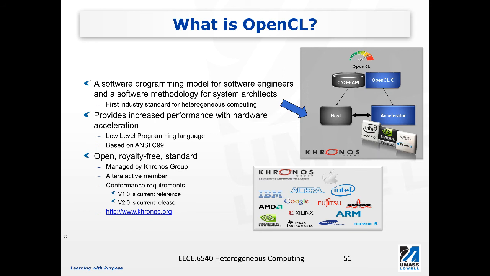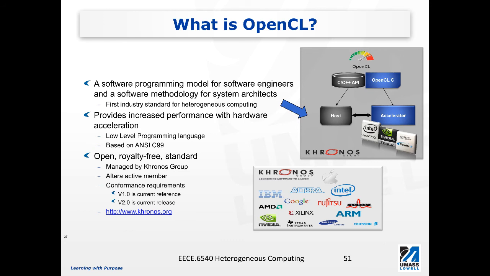With OpenCL, it can support many different hardware platforms. It breaks away from the very low-level development environment and tools specifically for FPGAs. It can increase the performance with the hardware acceleration from FPGAs or GPUs. The OpenCL standard is open, royalty-free, and has been adopted by many different chip vendors.